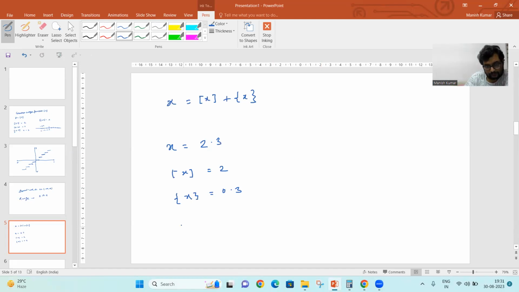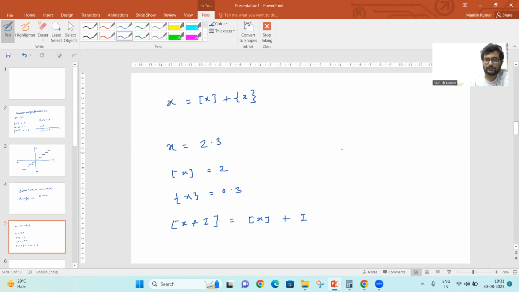See, x plus I, then it comes out like this or this.